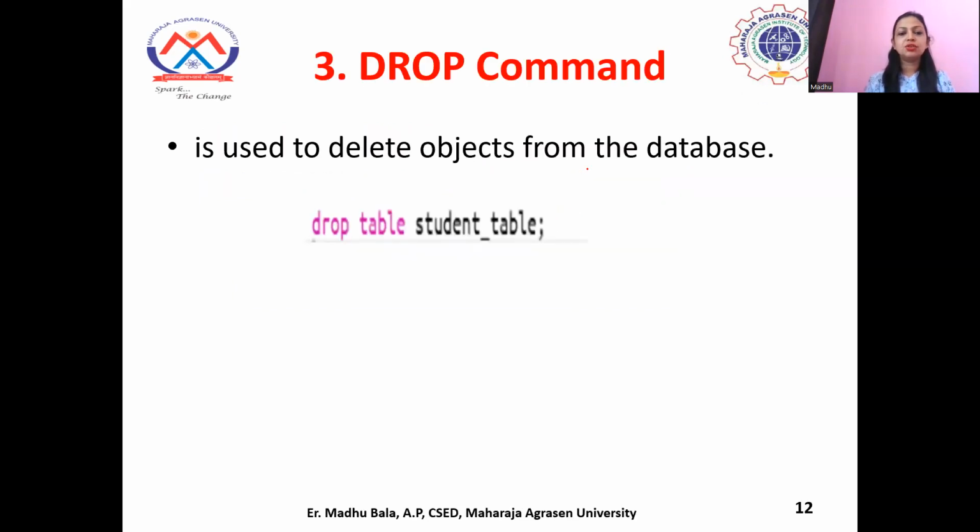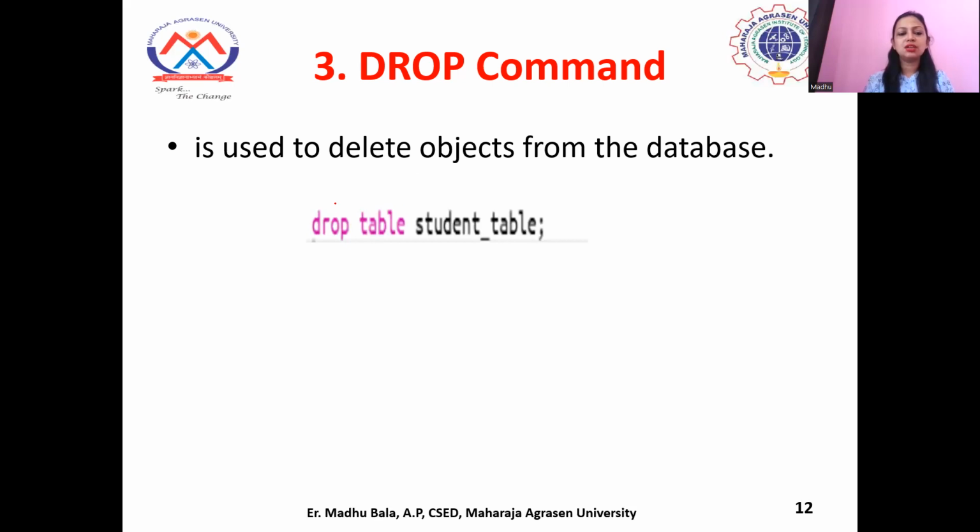So this was all about the alter command, how we can use it in different ways. Moving further, we have a third kind of command, that is the drop command. Drop command is very simple to use, and the purpose of using drop command is to delete objects from the database. You have created a database, now you no longer need it for future use. So to free up the space, you just want to delete that database from your memory.